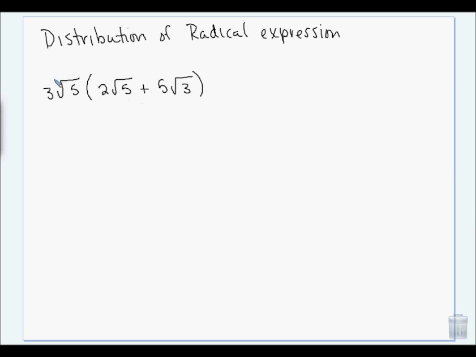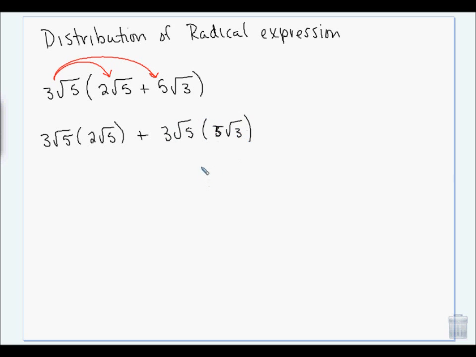I'm going to distribute this, which means I'm going to multiply it by both of these terms. So this is 3 times the square root of 5 times 2 times the square root of 5 plus 3 times the square root of 5 times 5 times the square root of 3. So that's 3 times 2 times the square root of 5 times the square root of 5.